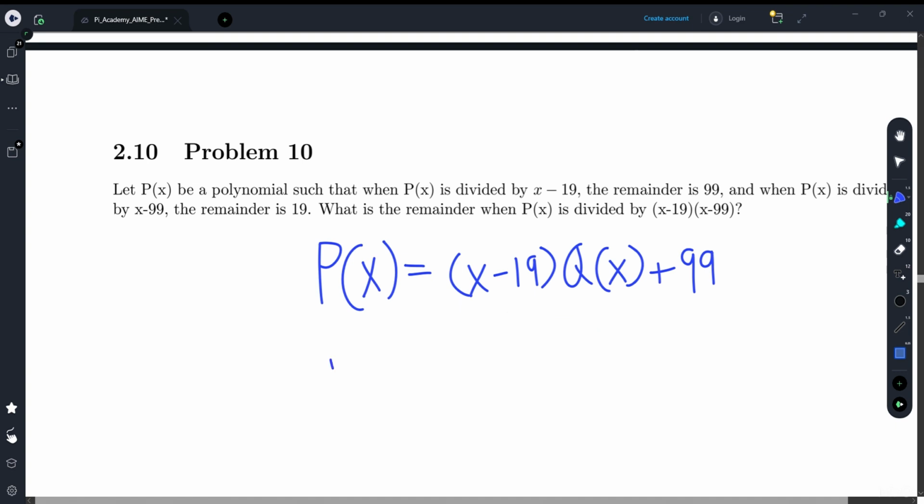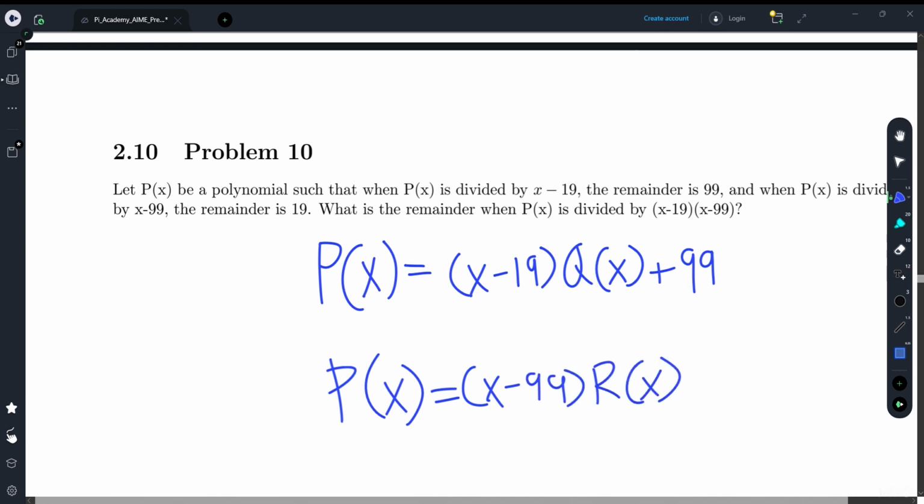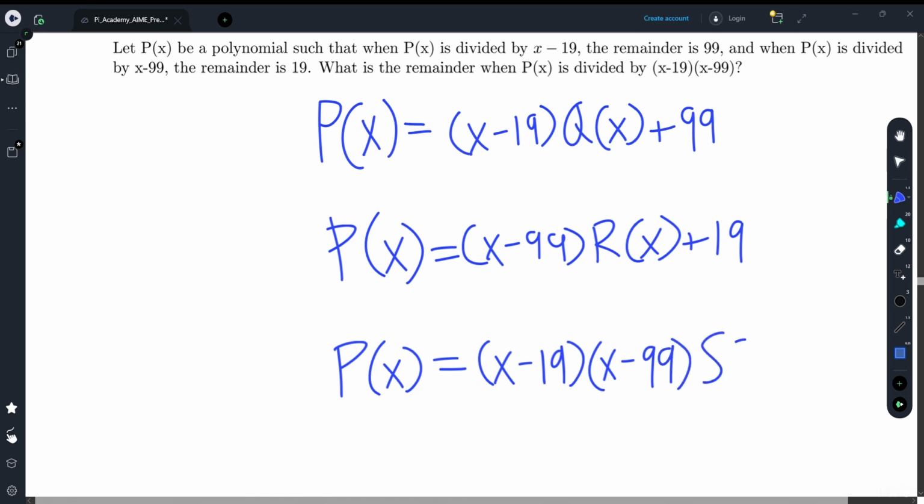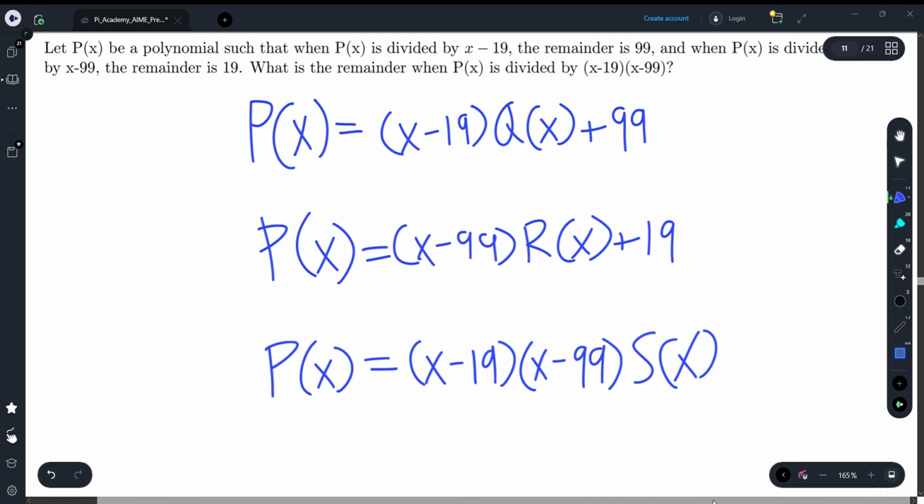And writing in a similar fashion, we can write this as (x minus 99) times a different quotient plus 19. And we know that p(x) is equal to (x minus 19)(x minus 99) times a third quotient plus some remainder.